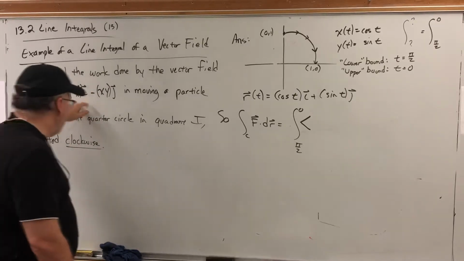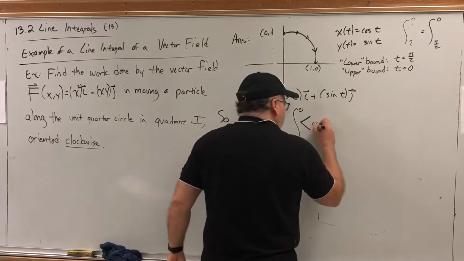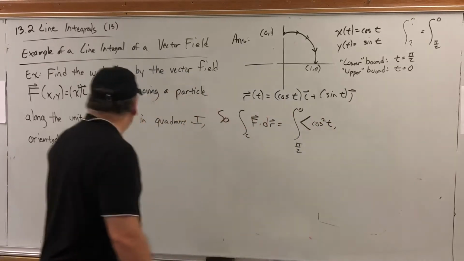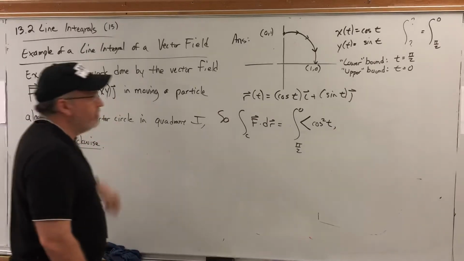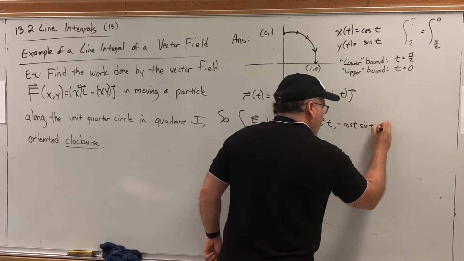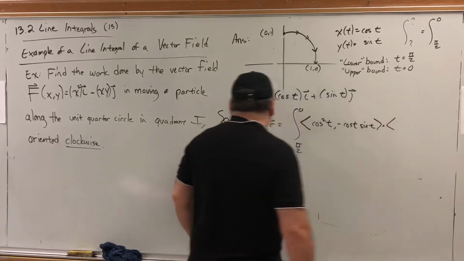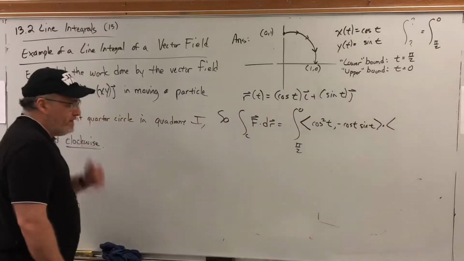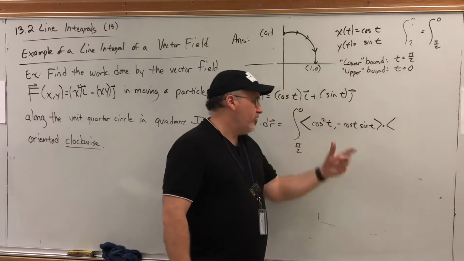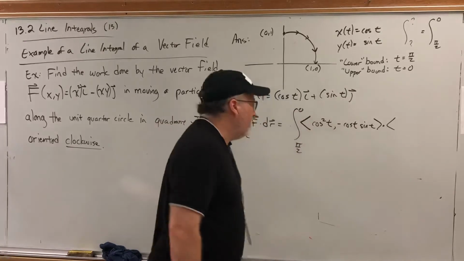So the i component becomes cosine squared t, and the j component becomes the negative product, so negative cosine t sine t. And now we have to multiply that times the derivative of the position function. Well, that's pretty easy. Again, shifting notation from ij to the pointy parentheses.